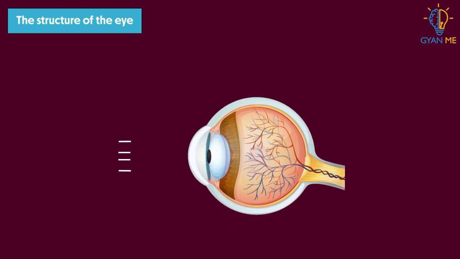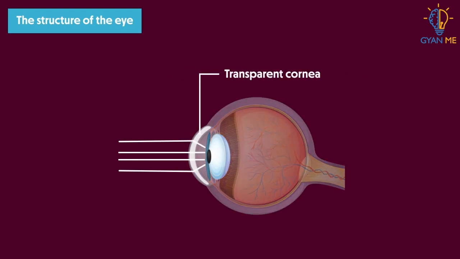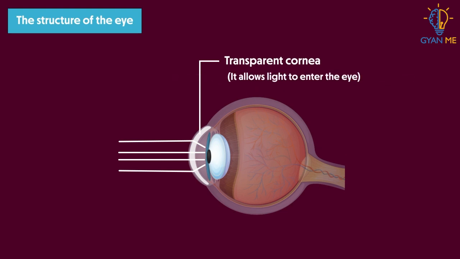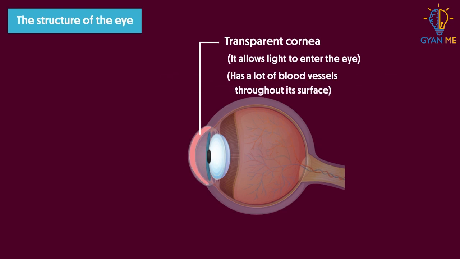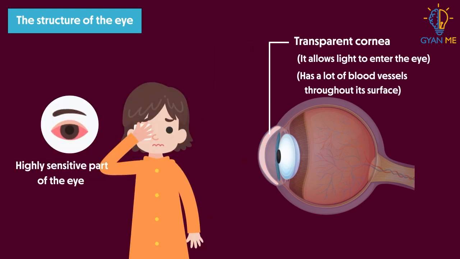The light that enters the eyeball first strikes the transparent cornea. Yes, transparent because it allows light to enter inside the eye. Cornea also has a lot of blood vessels throughout its surface. This makes it a highly sensitive part of the eye.